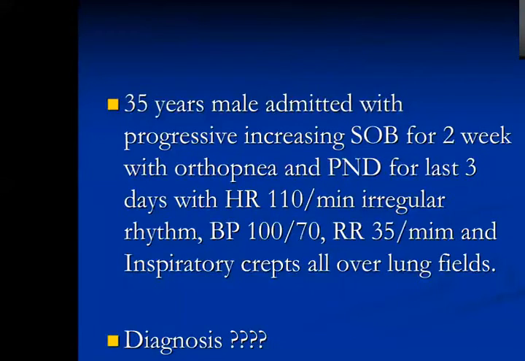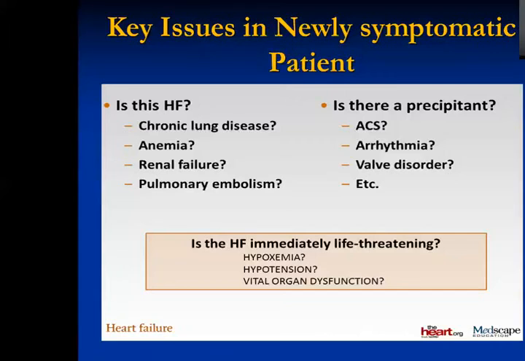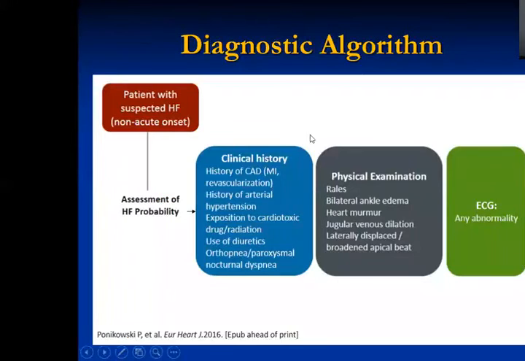Now let's come to the patients we will be covering in this scenario. The first step in the algorithm: after your physical assessment and ECG, you do beta natriuretic peptide or NT-proBNP.